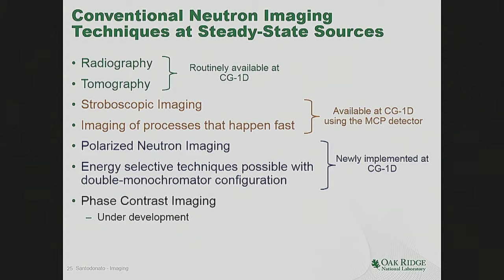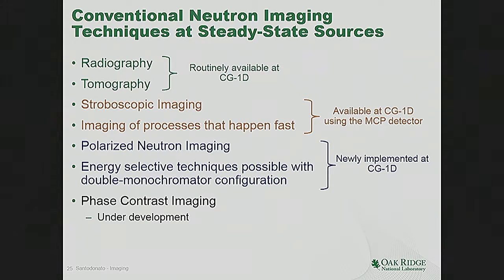So we've talked a lot about the conventional techniques that I would say are routinely available: transmission radiographs and transmission tomographs. There are other things we do, and I'm not going to dwell here, but we'll go through them in examples. What you might call stroboscopic imaging is when we have some cyclic process, and we've done this with fuel injectors, for example, where we fire a fuel injector over and over.